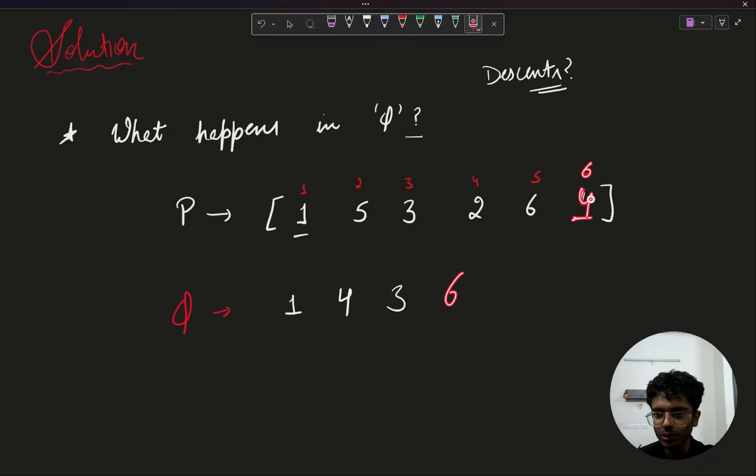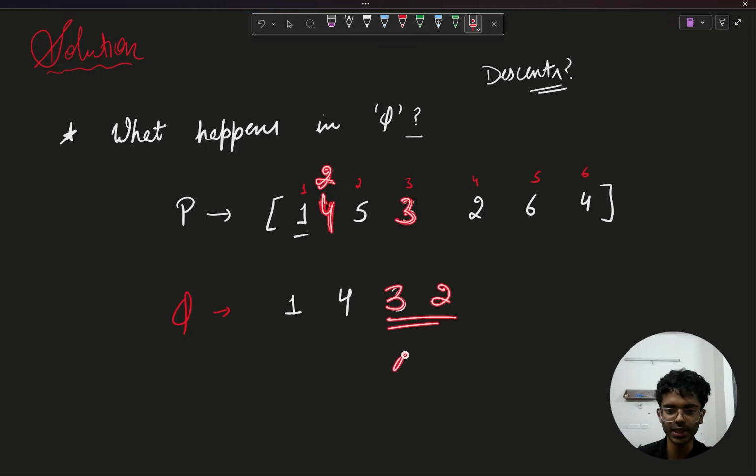Now if this 4 is coming after this 3, then that means there would be an ascent over here, right? But if the 4 was somewhere over here, let's say the 4 was at position 2 and this 3 was at position 3, then this 3 came here, and then over here this 2 would have come, which would have created a descent, right? Now let's just continue building the permutation.